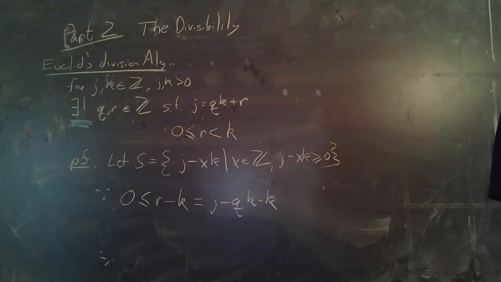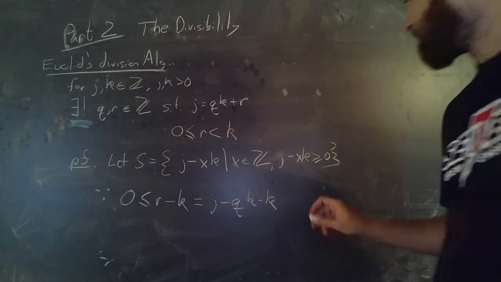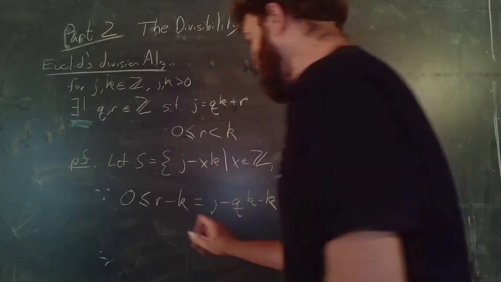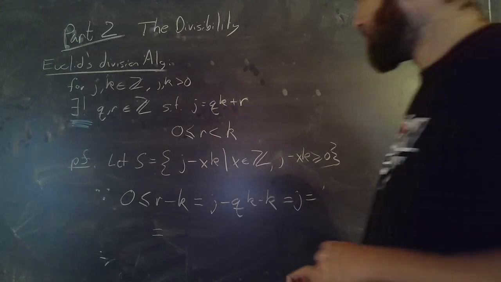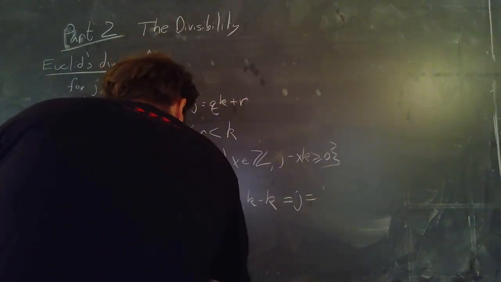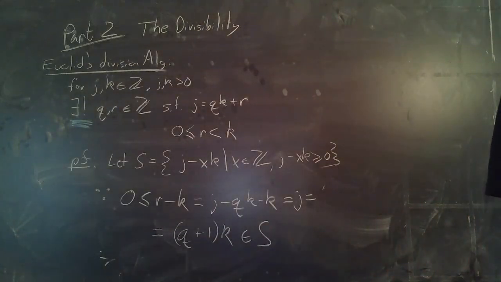But then notice here that j minus qk minus k would be precisely equal to j minus (q plus 1) times k, which is in our set S. As a result, r would not be the minimal element of S, and we know that by construction we need to find a minimal element of this set.